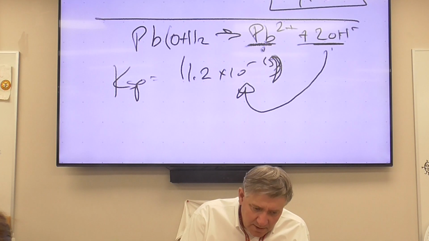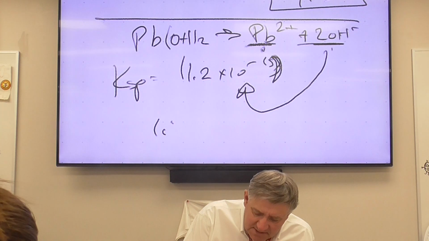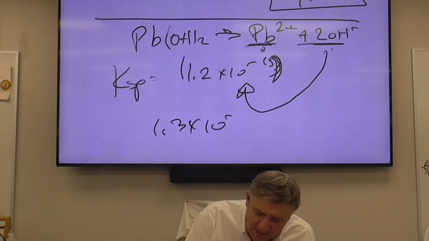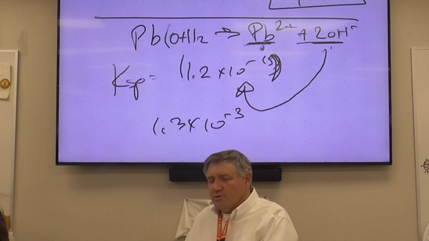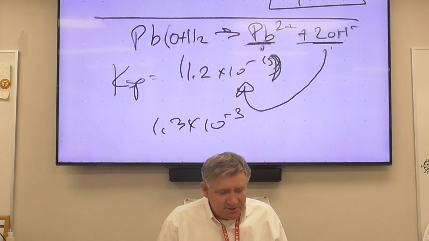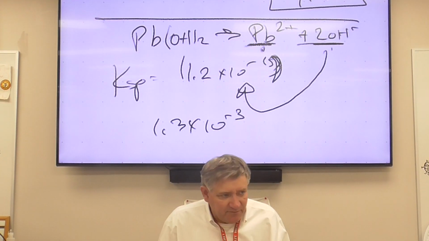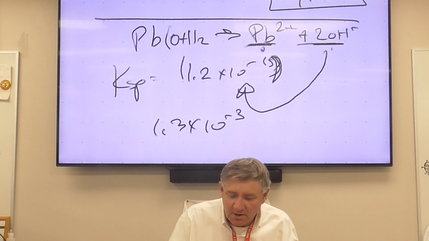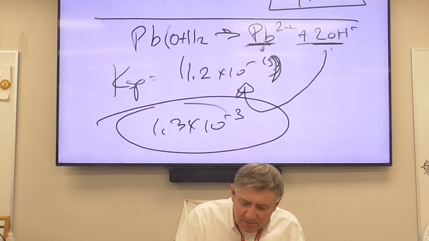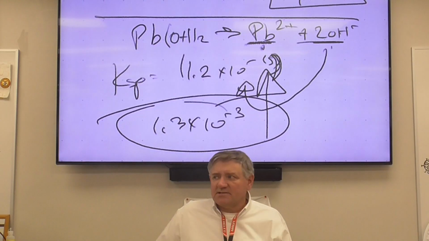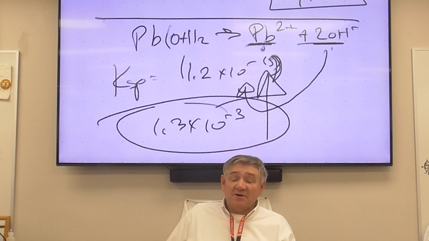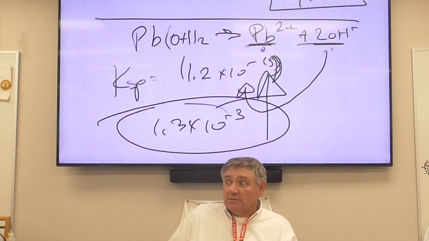So you come along and you say, after I mix these, I have a QSP of 1 times 10 to the negative third. QSP is like a snapshot. It tells you this is what we have right after we've mixed these solutions together. So is this number bigger or smaller than your KSP? Bigger. Mother Nature goes, this is very bad.